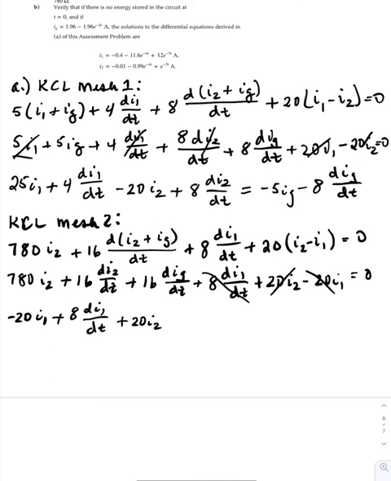Oh, plus 780 I sub 2, so that would be plus 800 I sub 2 plus 16 di sub 2 over dt is equal to, we should have another I sub g.